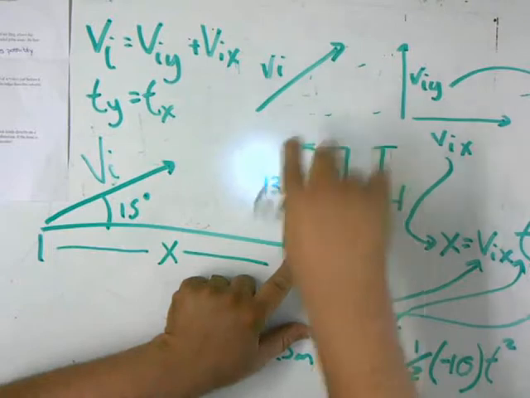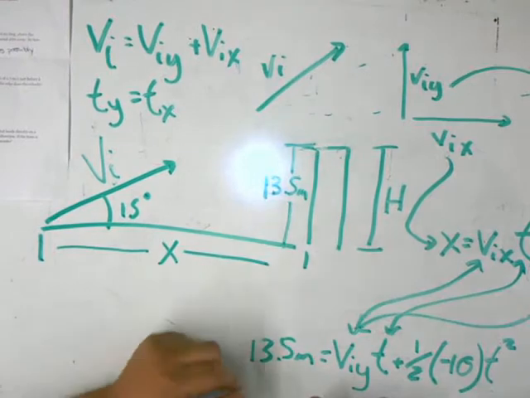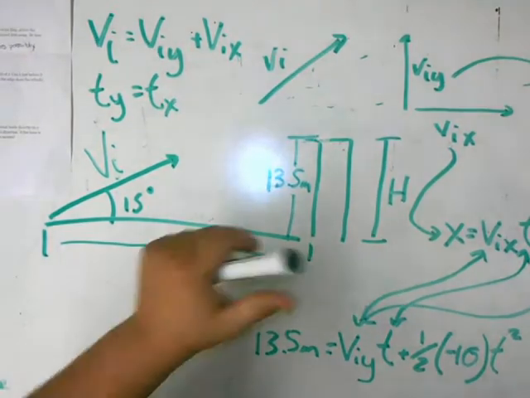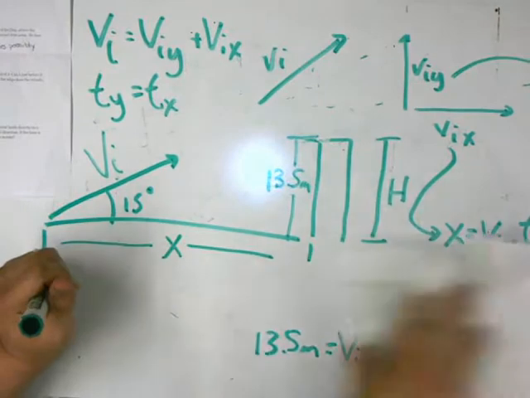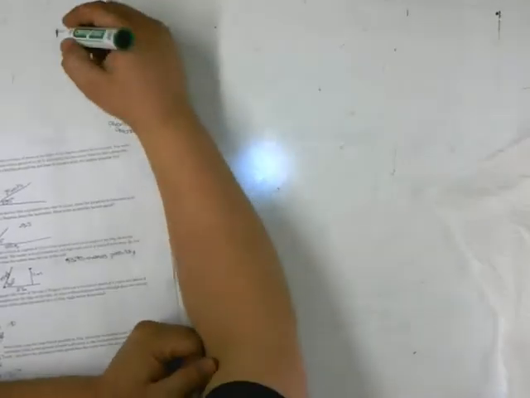Cool? Alright, so let's clear off a little bit of space here. I'm just going to start organizing my thoughts. I have that height, 13.5, is equal to V initial in the Y, T, plus 1/2 -10 T squared.